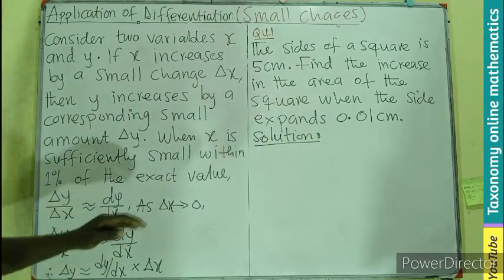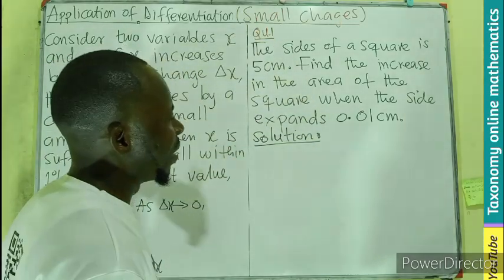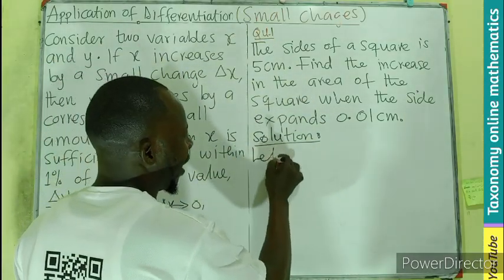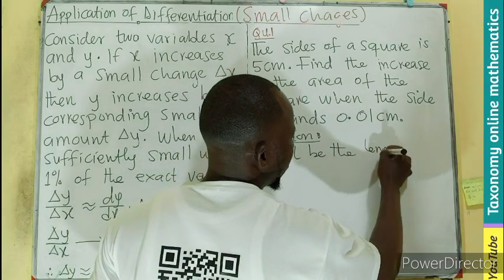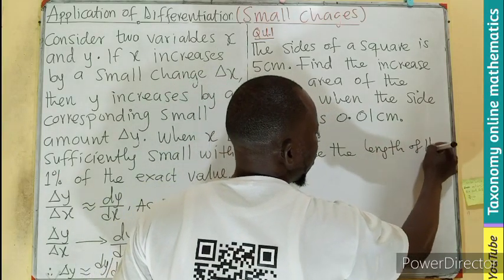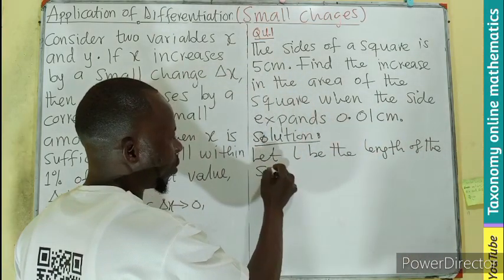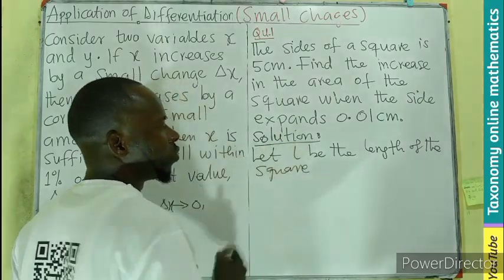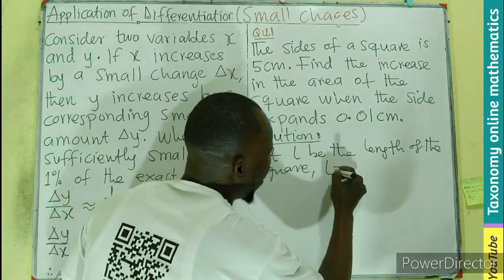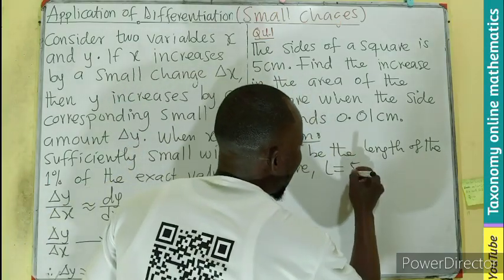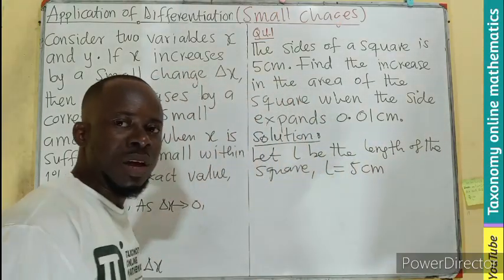So what are we going to pick? In this environment, we can just say let L be the length, right? So if L is the length of the square, then we can say L is equal to 5 centimeter. What we have been given.